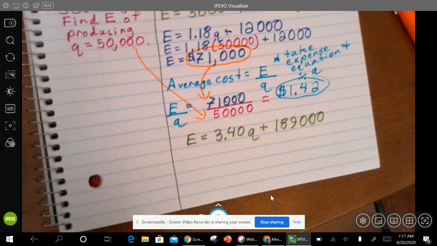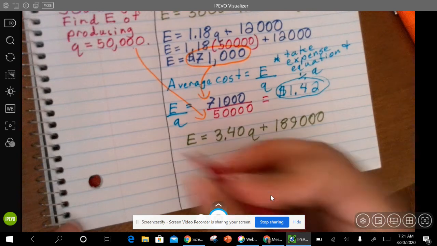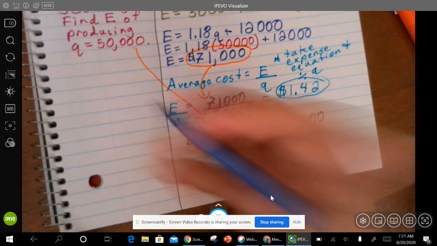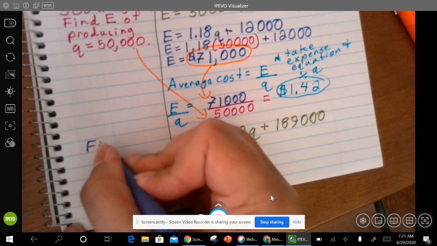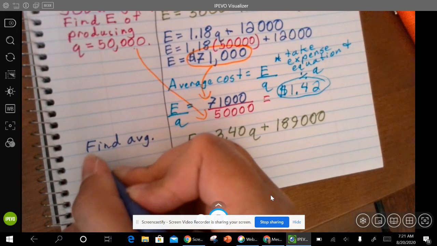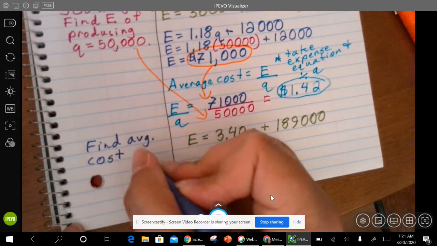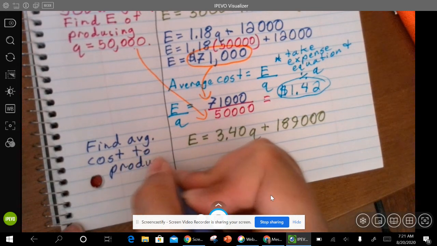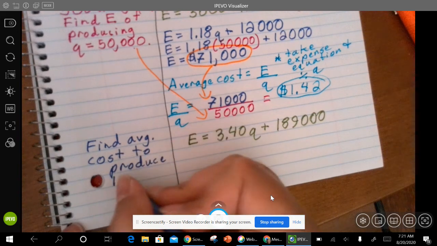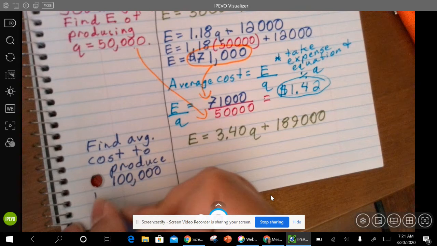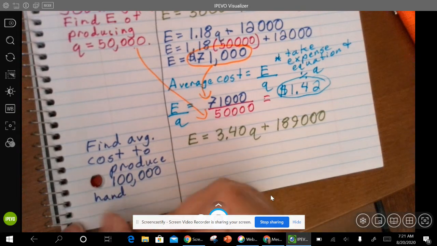We can just do it all together. AVG, everybody, is the abbreviation for average. So we find the average cost to produce 100,000 hand warmers.